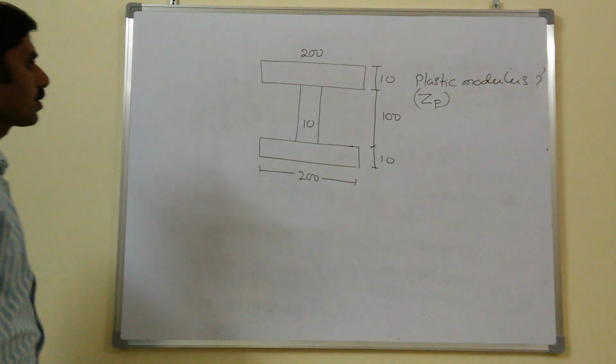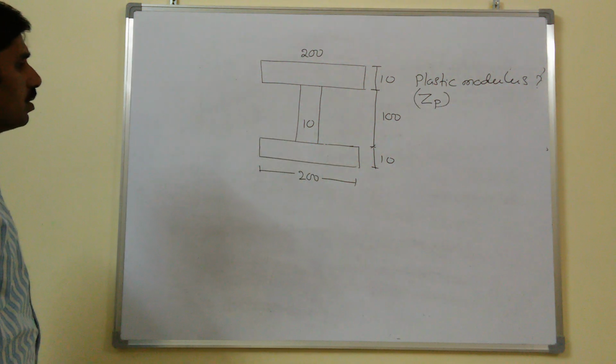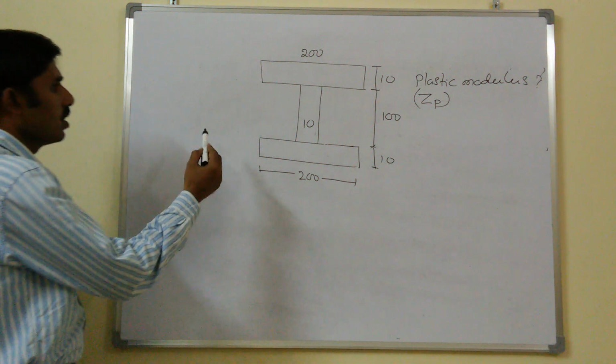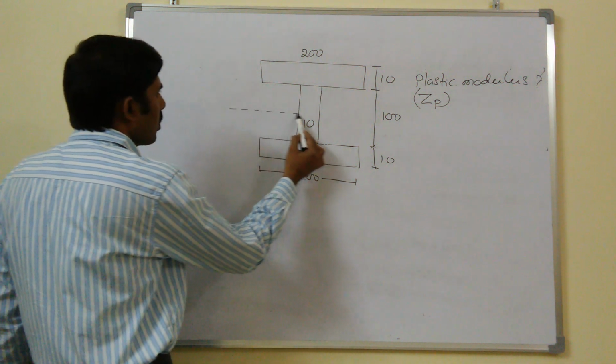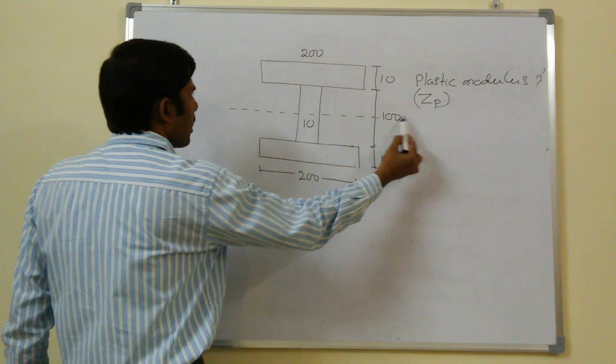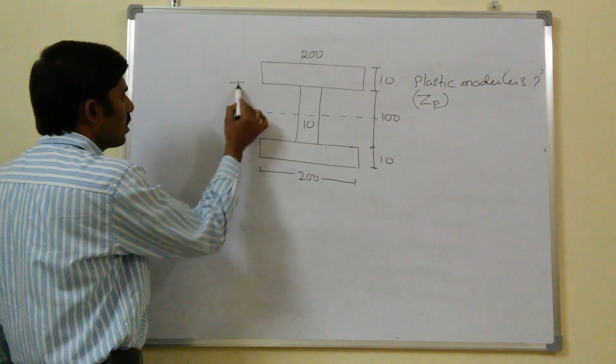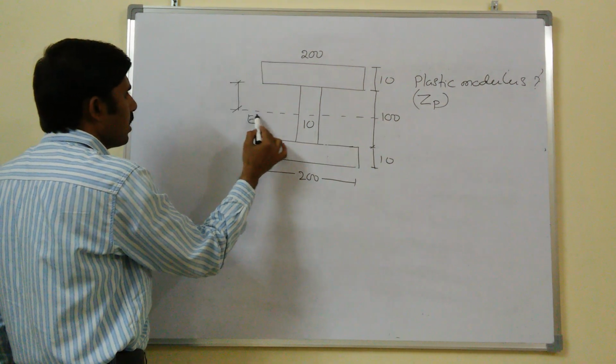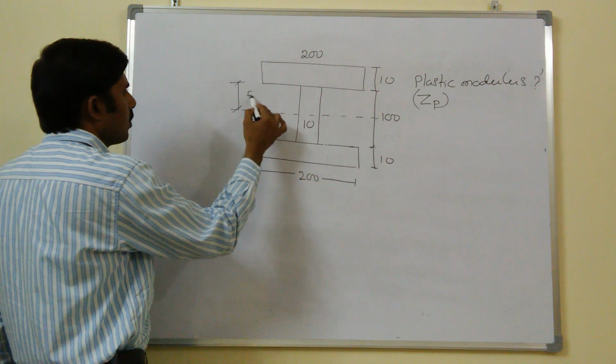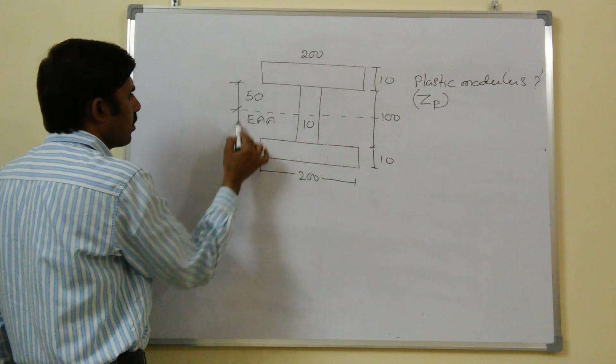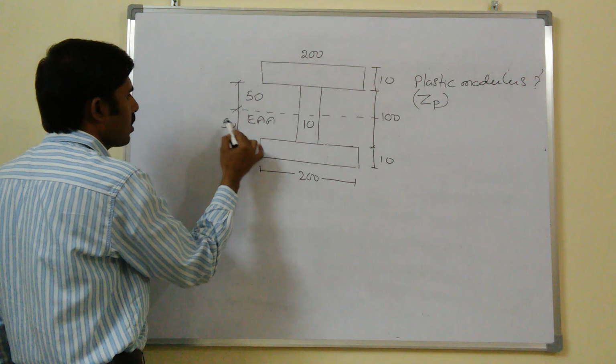First we need to split this section into two equal sub areas. There is no need to calculate the total area, because by seeing it we can tell that the equal area axis will be at 50 from this edge or 50 from this edge, because of symmetry.